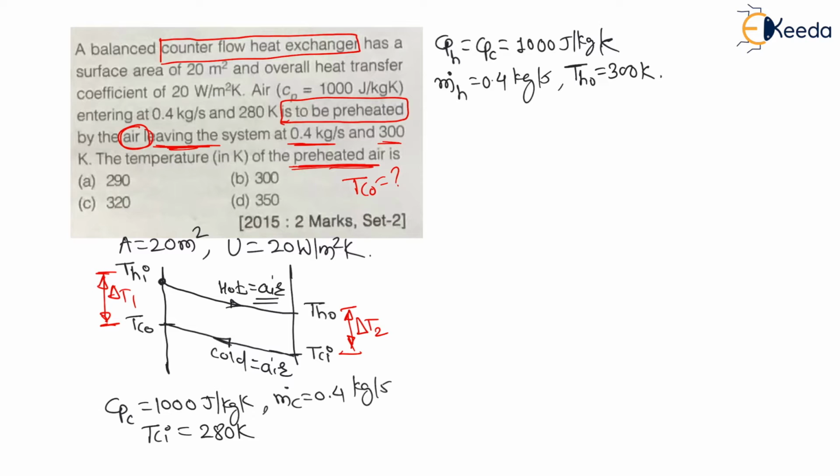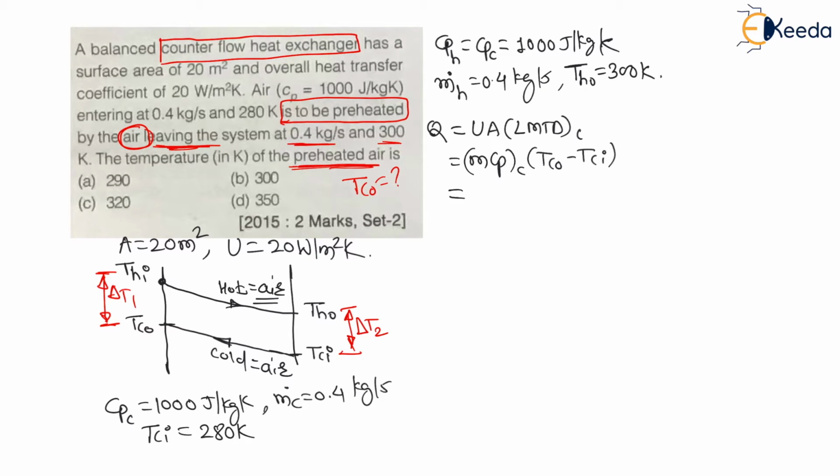Now my dear students, for such a counter flow heat exchanger, what is the heat transfer rate? That heat transfer rate we have derived in terms of area and overall heat transfer coefficient. It is written as U A LMTD, the log mean temperature difference of the counter flow heat exchanger, equal to, for the cold fluid, m Cp of cold fluid into the temperature difference TCO minus TCI.